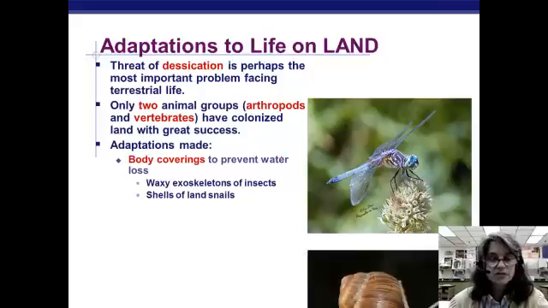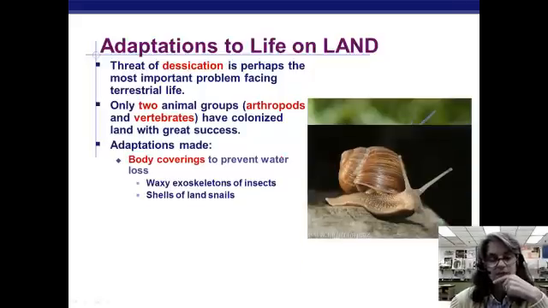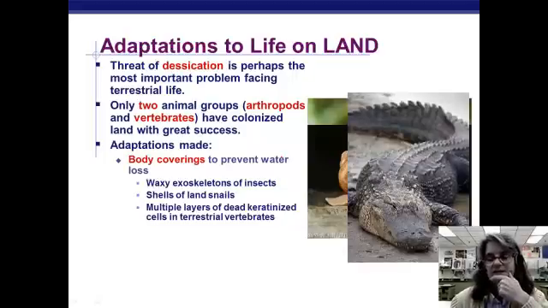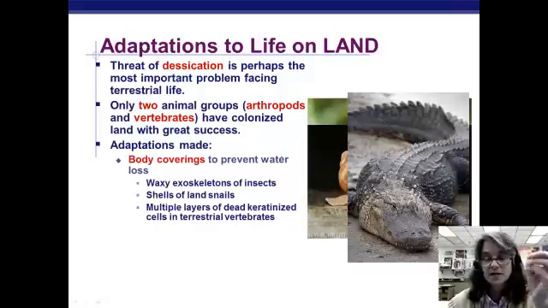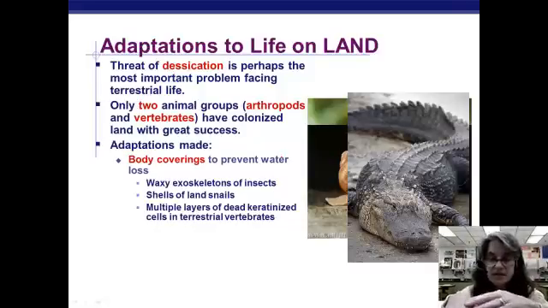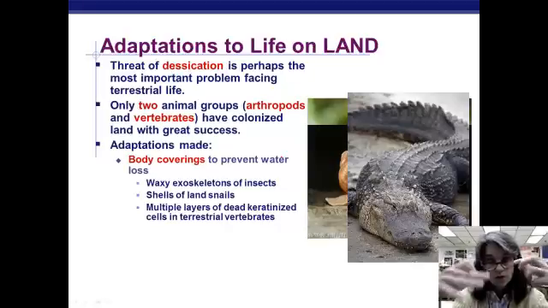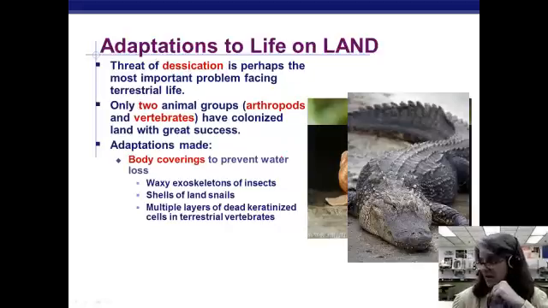Of course, the shells of snails help keep them from losing too much water. Our keratinized skin, he's got some really seriously keratinized skin. Keratin is a protein, and we are loaded up with it in the cells on the surface of our skin, and it's waterproof, so it keeps the water inside of our skin. He's got even more keratin than we do.